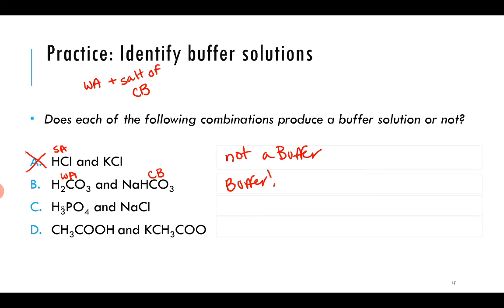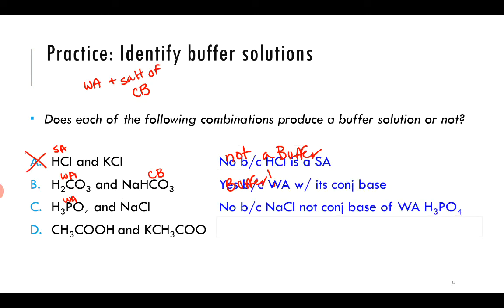Now we have phosphoric acid. Is that one of your strong acids? It is a weak acid, but this is not its conjugate base. That's not the right conjugate base.